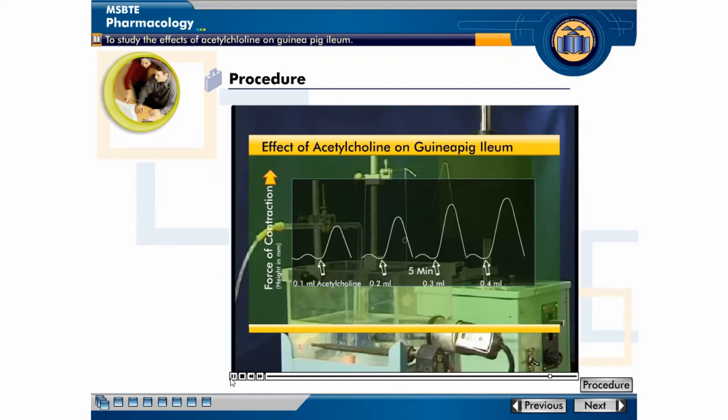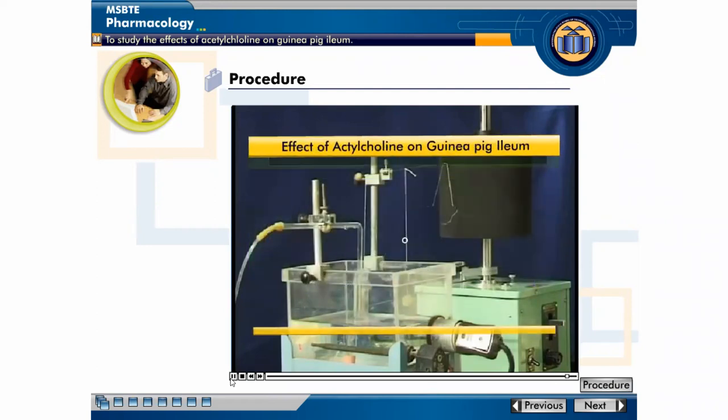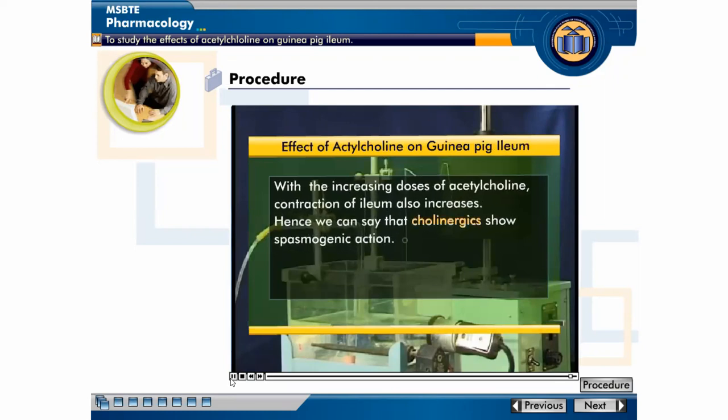You shall observe that with the increasing doses of acetylcholine, contraction of ileum also increases. Hence, cholinergic shows spasmogenic action.